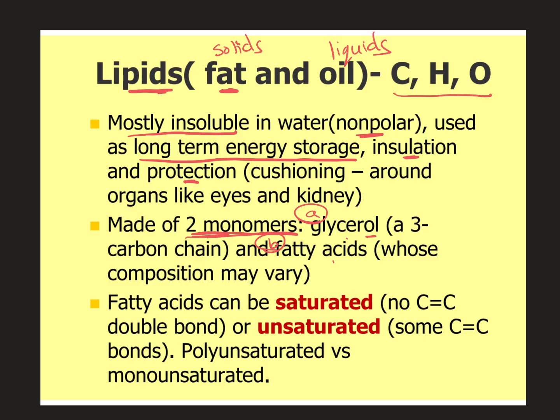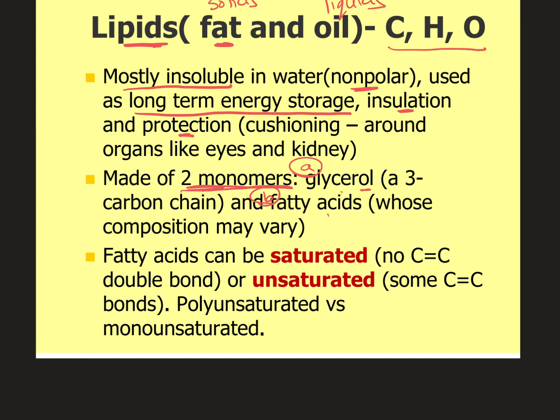So, fatty acids can be considered to be a saturated fat. In other words, there is no carbon-carbon double bond. So all the carbons look like this, with one line in between them, and so on and so forth. So that's your saturated, versus unsaturated, where there are at least some carbon-carbon double bonds.